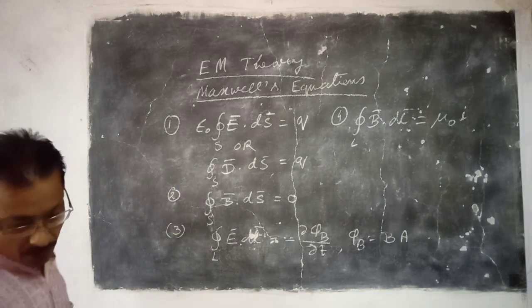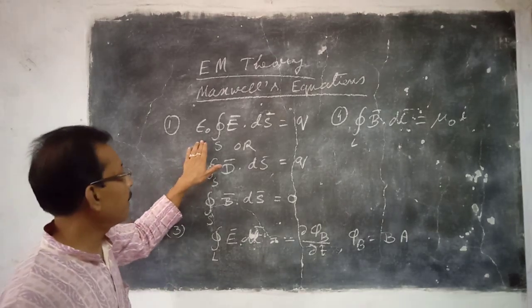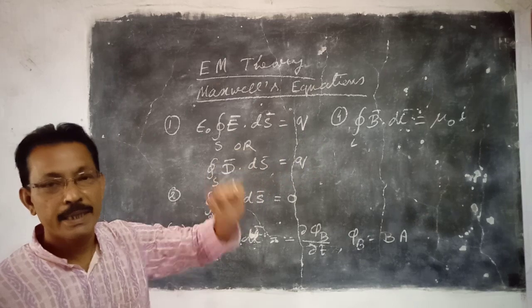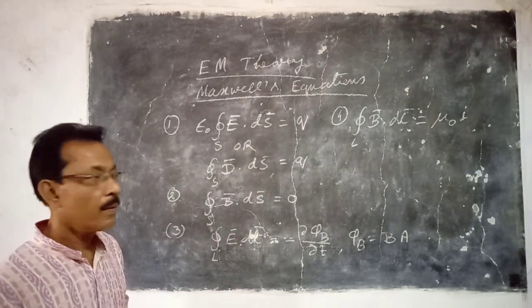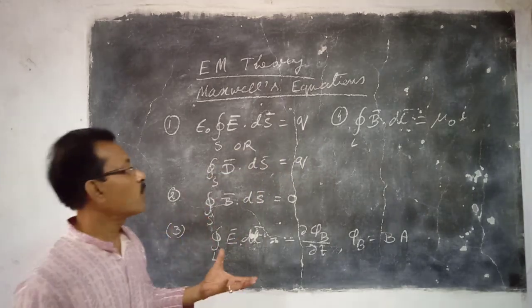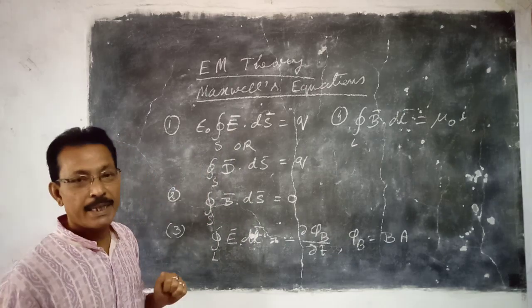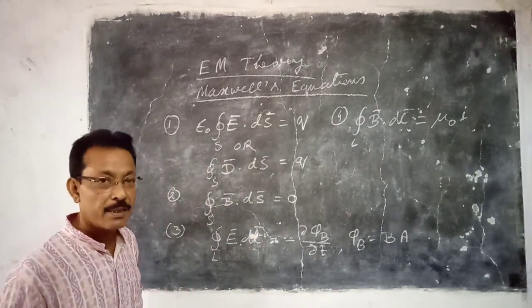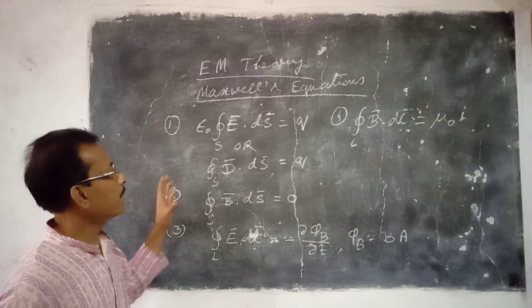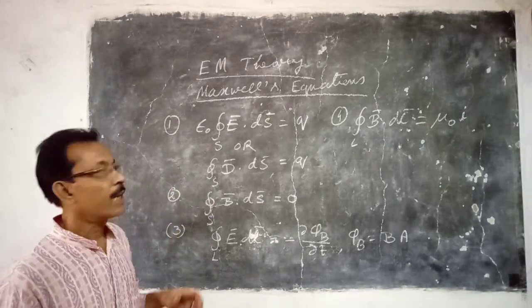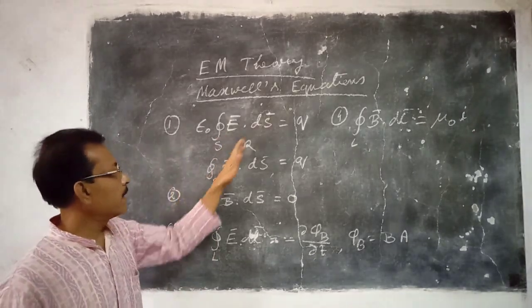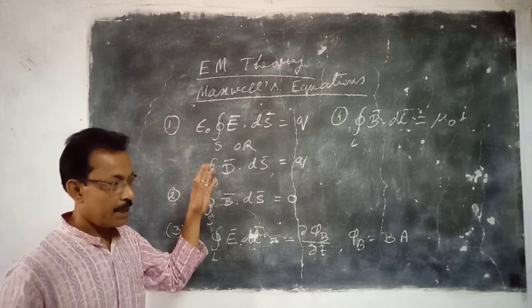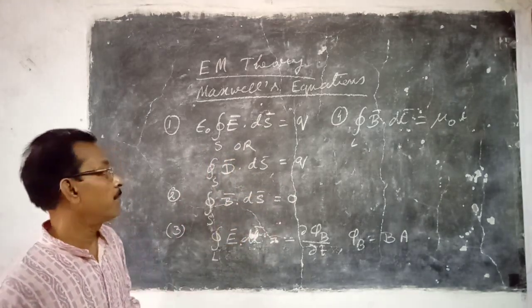First, our aim is to convert this integral form to its equivalent differential form, because differentiation is easier to handle than integration. Differential equations are easier to handle than integral equations. For practical applications, the differential forms are used. That's why we first convert these integral forms of the Maxwell's equations into their equivalent differential form.